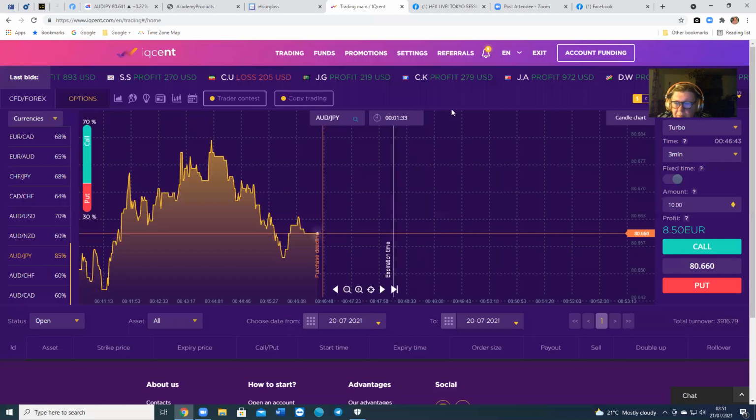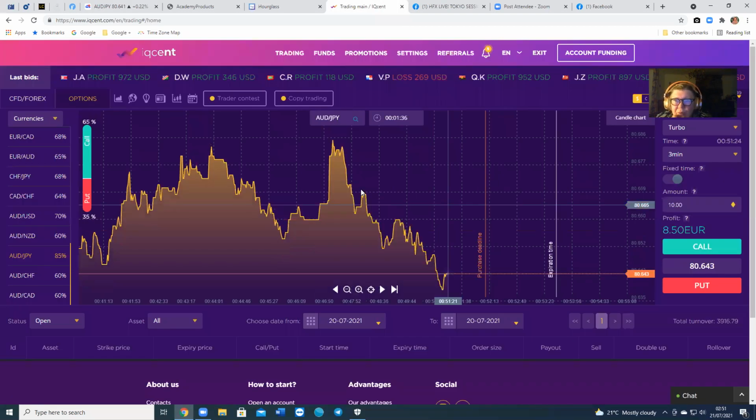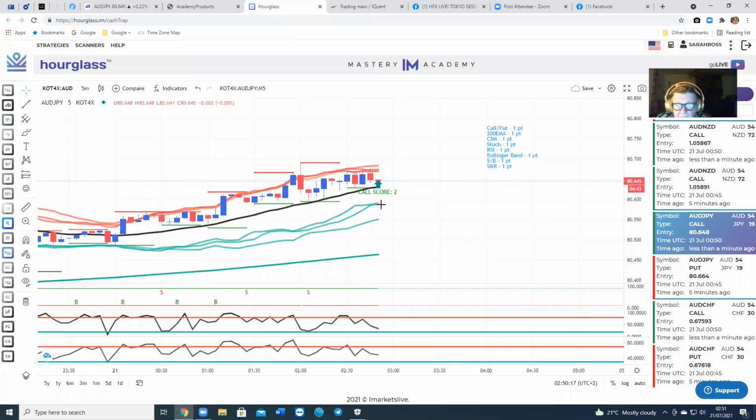Six 4-1, 6-4-3. Three minutes to go. It is coming down to our oversold area.